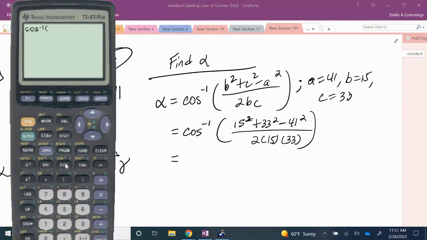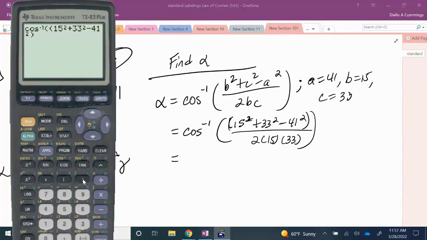The arc cosine. And then I'm going to put a begin parenthesis for my numerator. So I'm going to put in 15 squared plus 33 squared minus 41 squared.